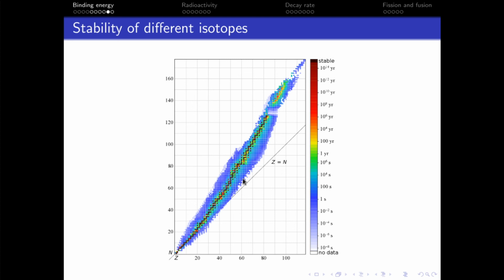A nucleus located over here would try to decay by reaching the dark line above. They try to reach this heaven, this stable configuration, which will be through a decay, of which we'll introduce a few forms tomorrow.